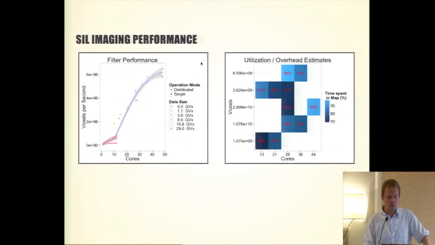So in terms of performance on how well Spark or Spark imaging handles our data sets, you can see these are some simple tests that we've done with the number of cores and the voxels per second that these systems could handle, and it scaled very well up and beyond 50 cores. And then this is an analysis of the overhead, so how much of the actual computing time was spent doing the computation, and how much was spent serializing data, sending things back and forth.